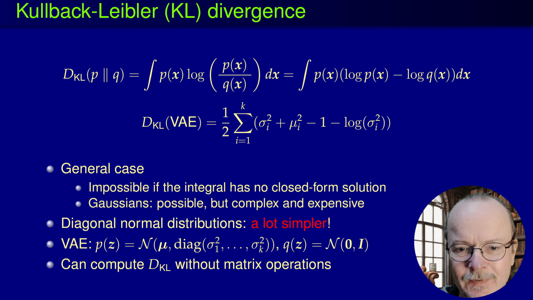Although this formula has a closed form solution when both of the distributions are normal, the general multivariate case involves computing inverses and determinants of the covariance matrices, both computationally expensive operations.